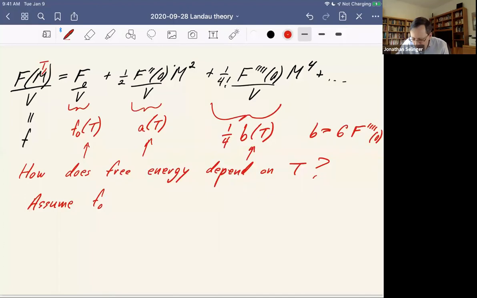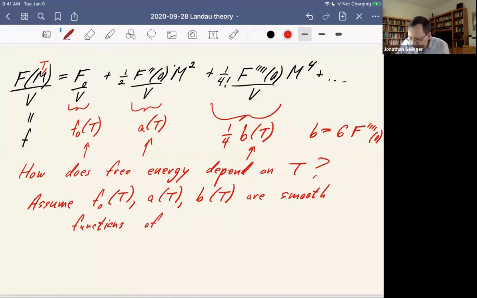Okay, so F0 of T and A of T and B of T are smooth, that is analytic, functions of temperature. Okay.